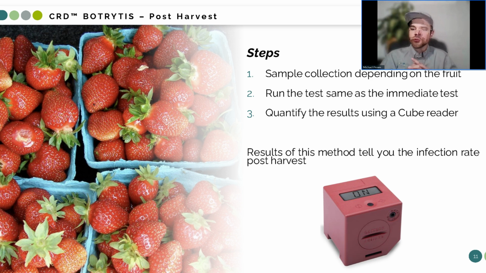And with those quantified results, with strawberries or grapes, some of these fruit products, it's a percentage of infection. You have to hit a certain percentage of infection to be eligible to go into cold storage or shipping.